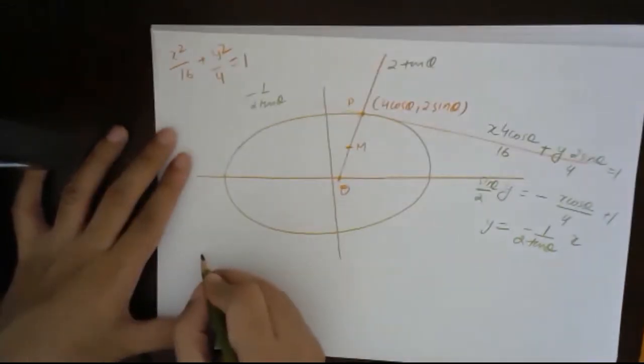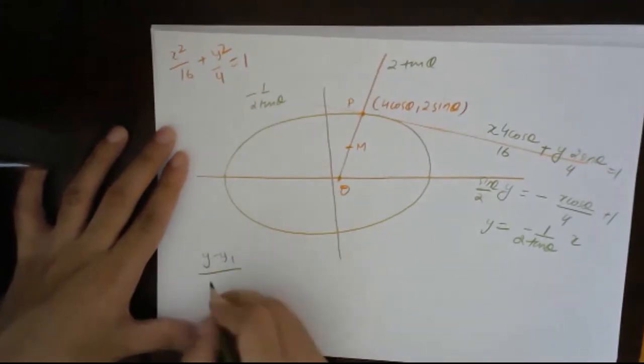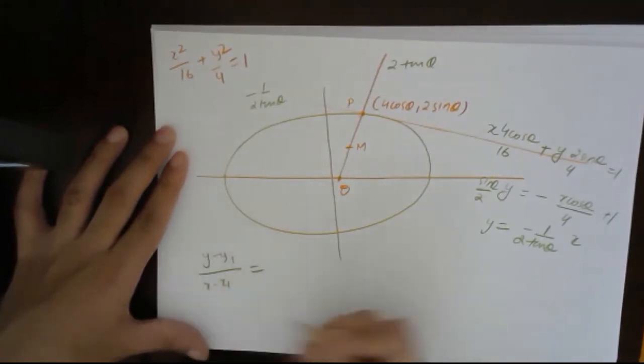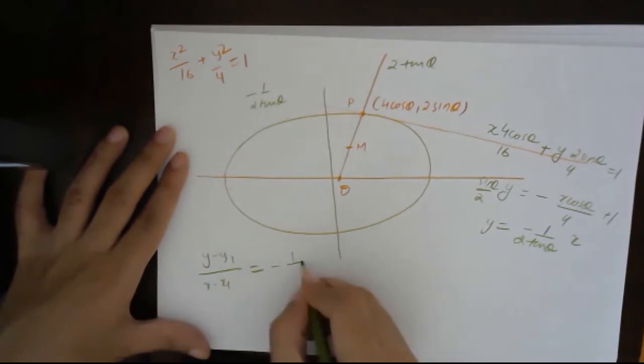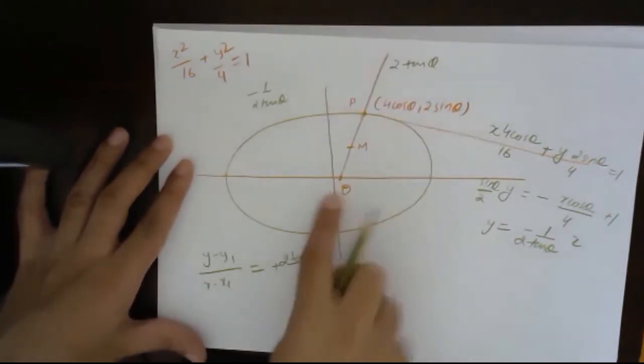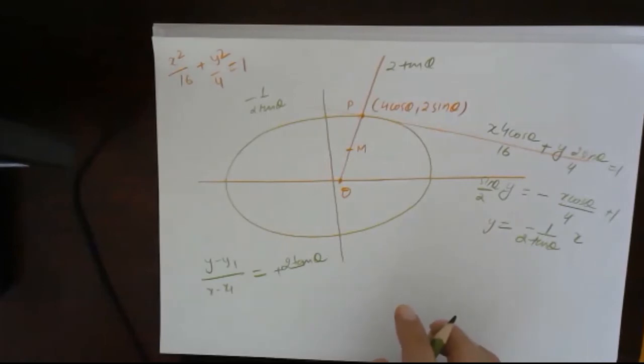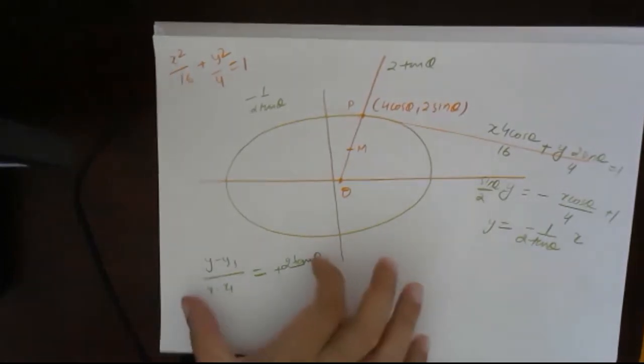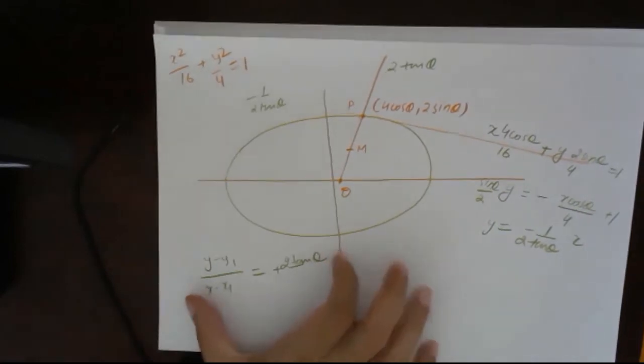So you will get y minus y1 upon x minus x1 equals, minus 1 by 2 tan theta. So this will be the equation of the normal. Now see, the best part is you do not have to solve this.